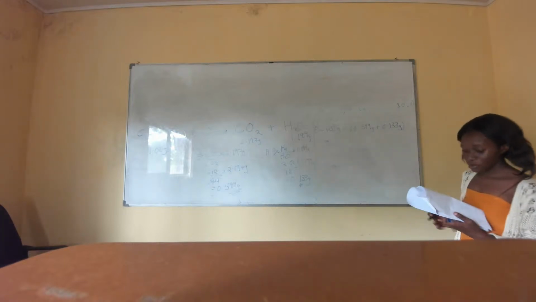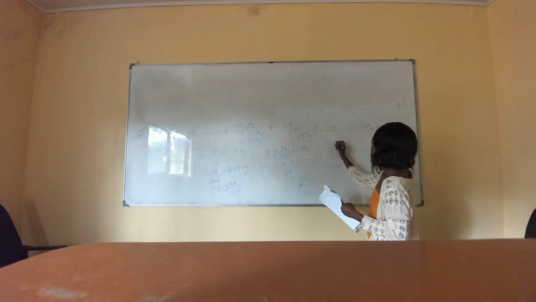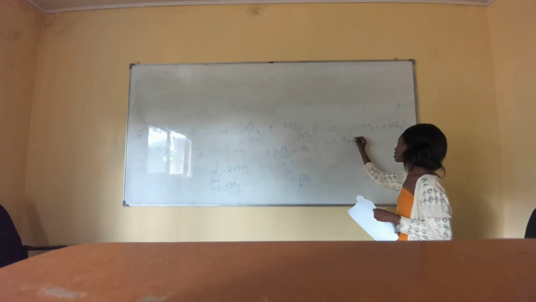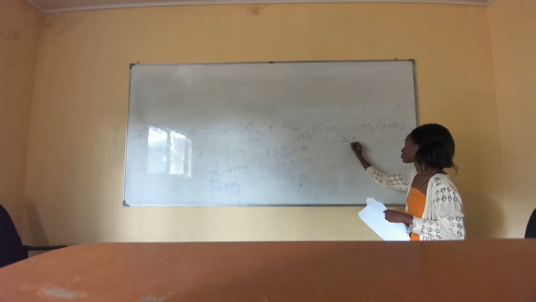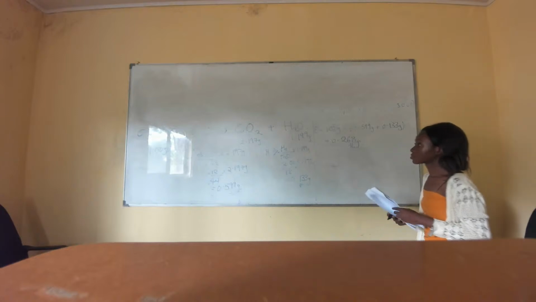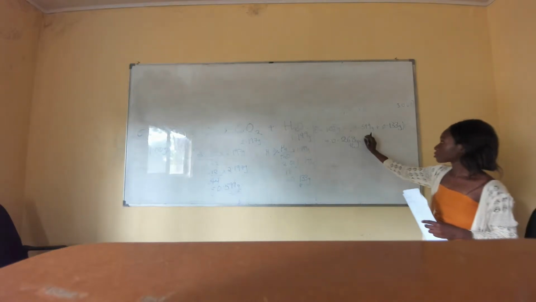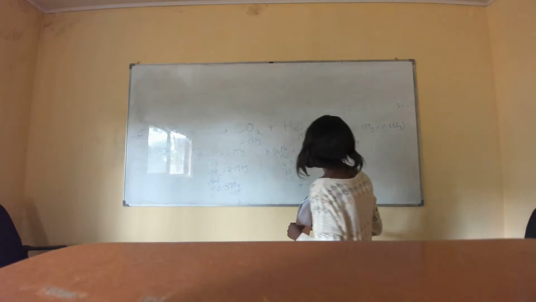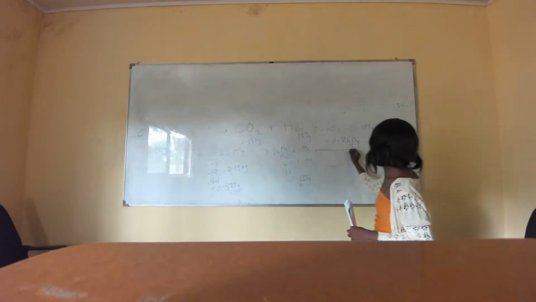So when we subtract, our final answer was coming to 0.268 grams. That's if we subtract and add the two masses. So we now have the masses of each element.